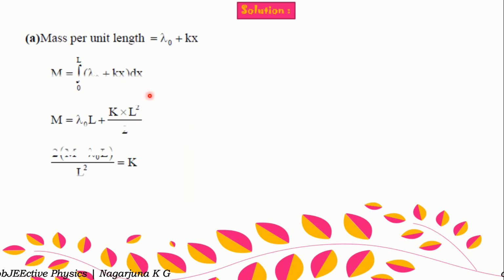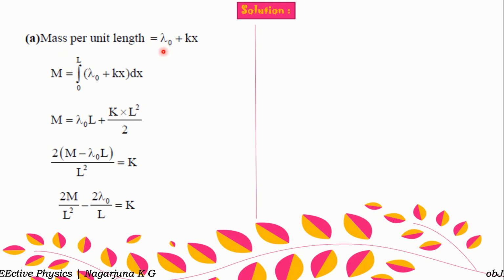Mass per unit length is equal to lambda naught at one end plus kx. So capital M is equal to integral dm, that implies integral lambda dx. By integrating and simplifying, we will get k value as 2M by L square minus 2 lambda naught divided by L.